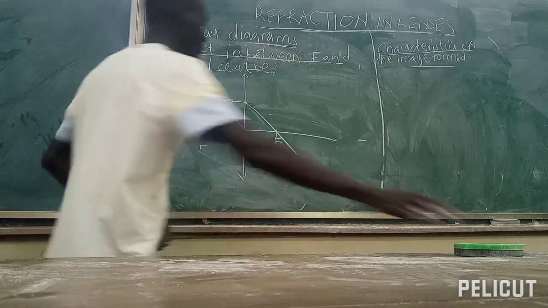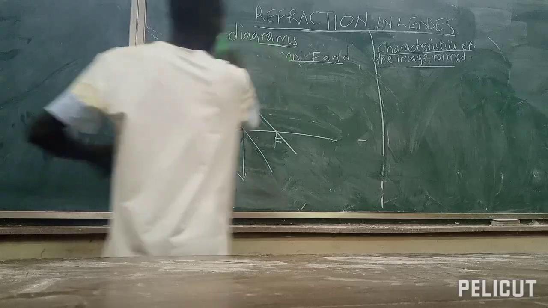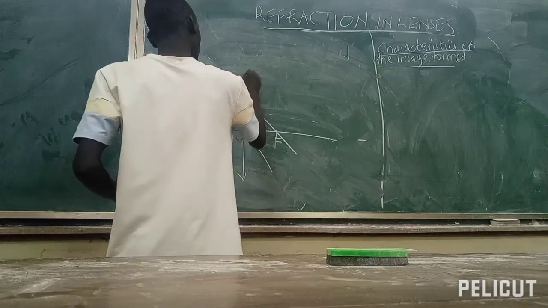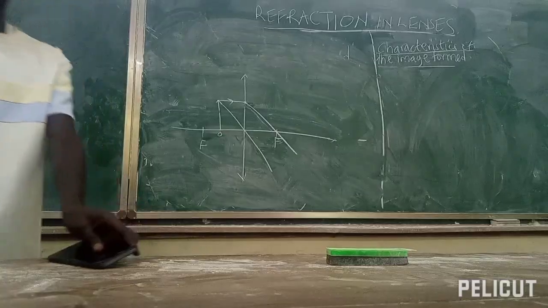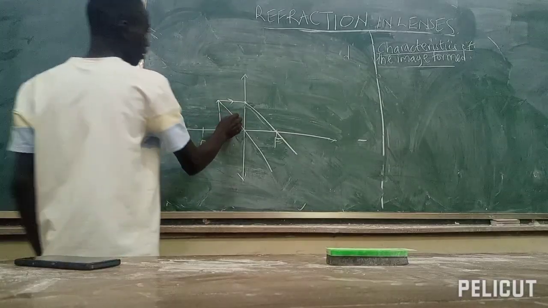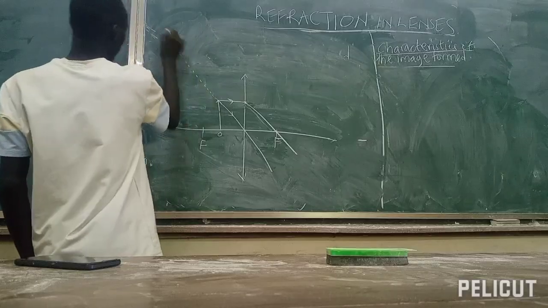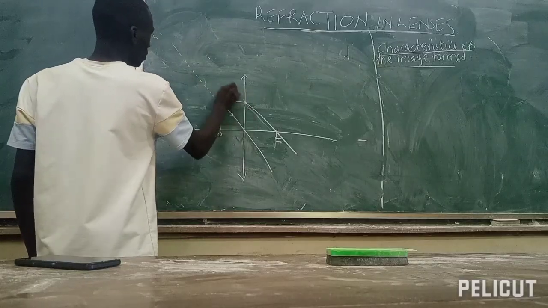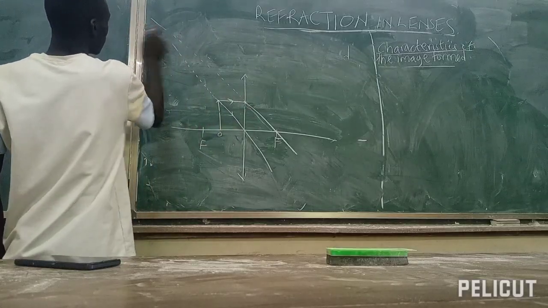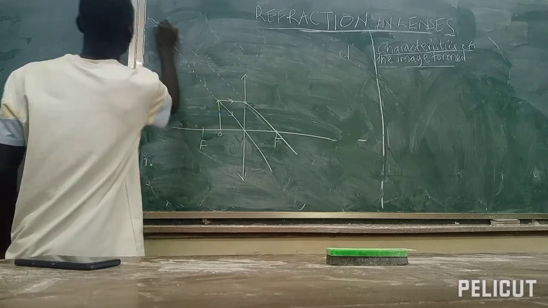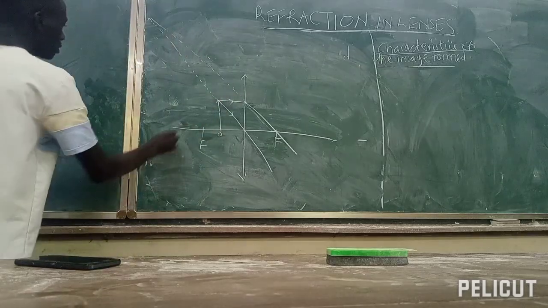So we are going to extrapolate these rays here. We shall form a certain type of image. Extrapolate using a ruler, using a graph. It must be a perfect one.